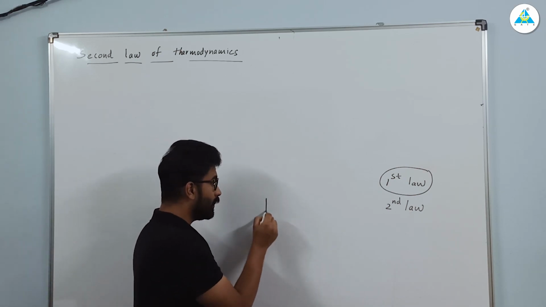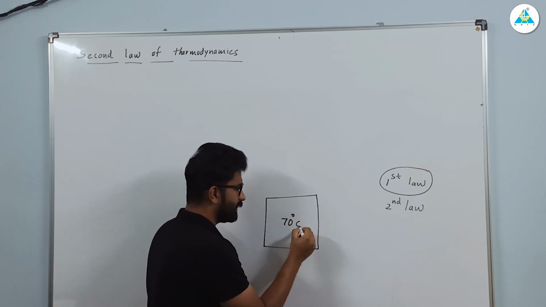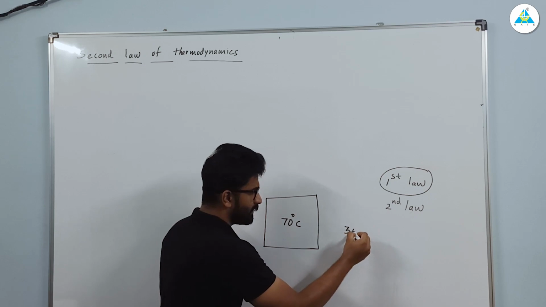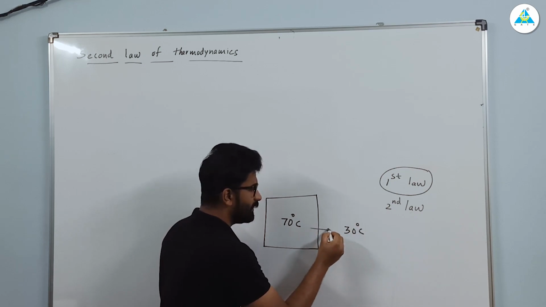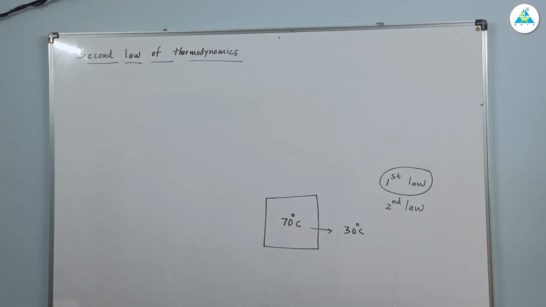You can see here, what is the meaning of first law? I have a 70 degree Celsius container, and your surrounding is at 30. So from 70 to 30, there will be a heat transfer. Now, what is the problem actually?